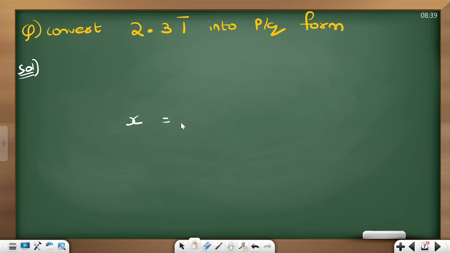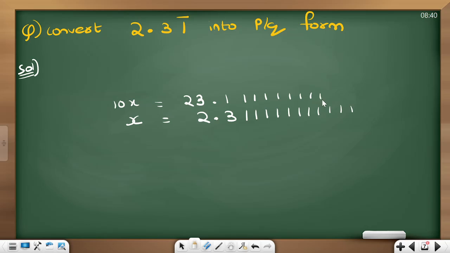x is equal to 2.311111111 and so on. If I multiply with 10, I'm just checking, then what will happen? 23.11111111. Fine, it is okay, but still this 1 is there, 3 is there, they are not getting cancelled.